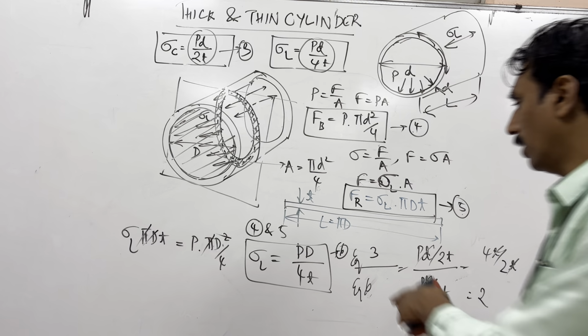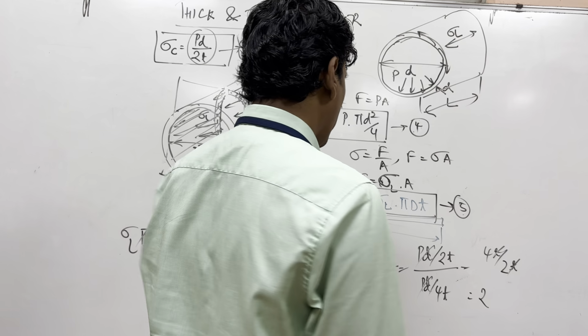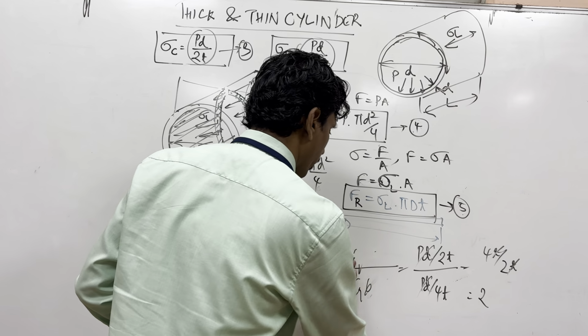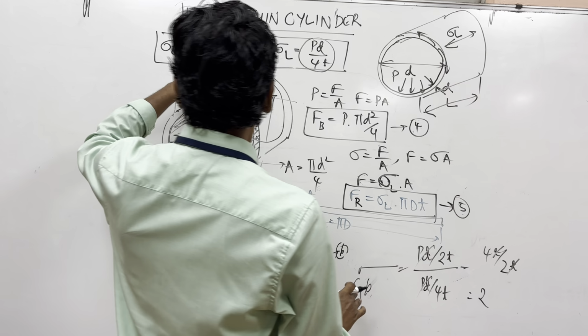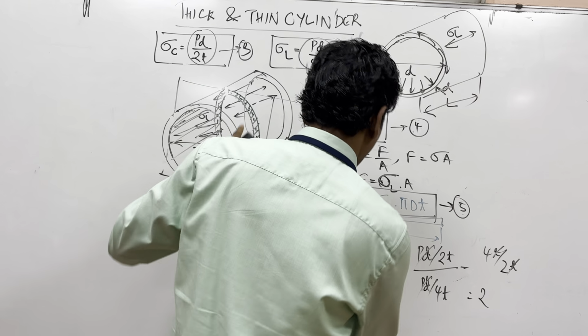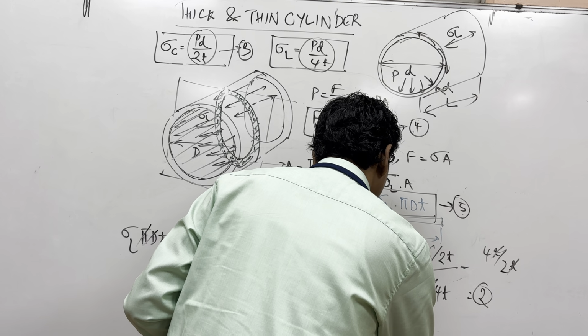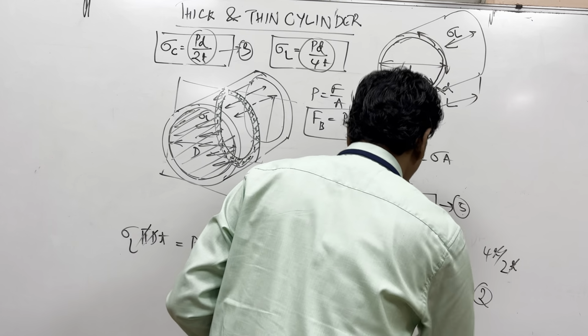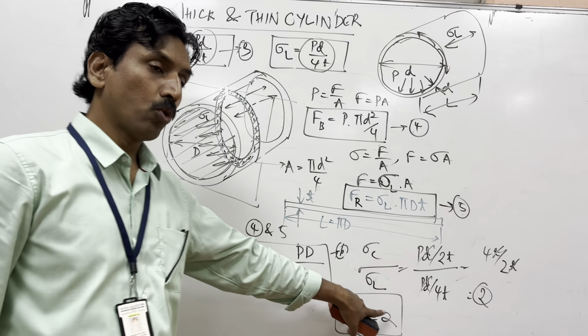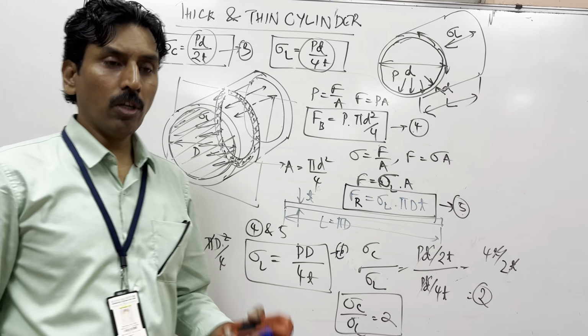Equation 3 is sigma c and this is sigma L. So when you write this, you get 2. So sigma c divided by sigma L is equal to 2. So you can say that circumferential stress is 2 times the longitudinal stress.